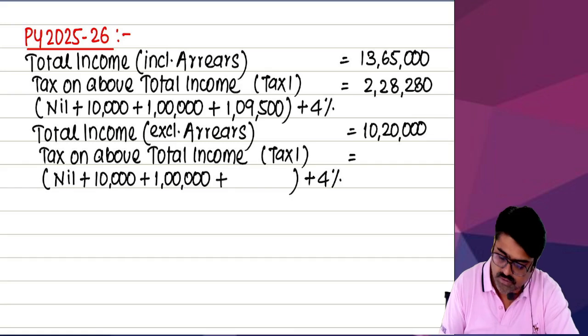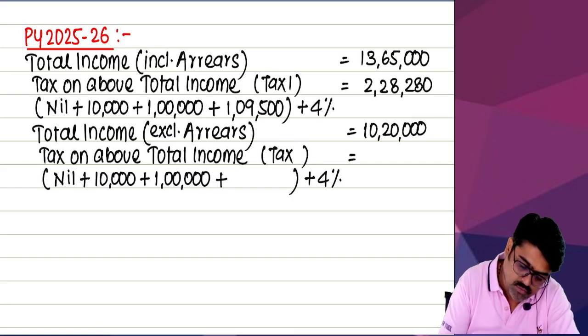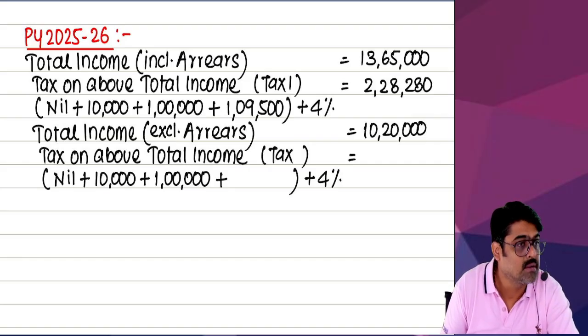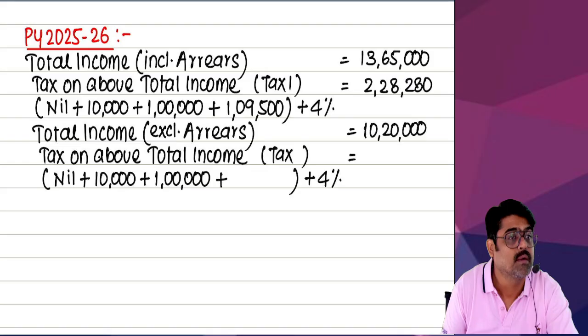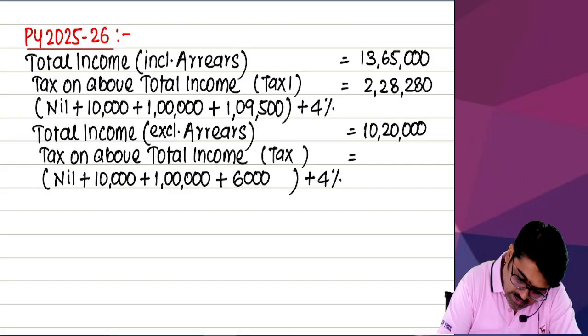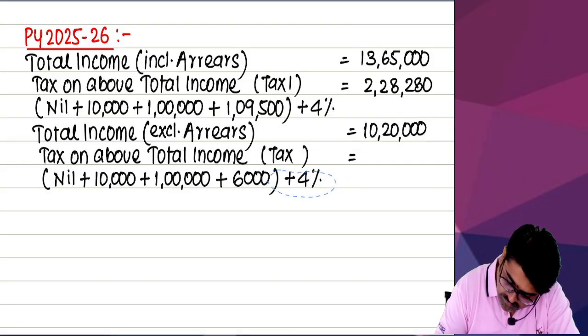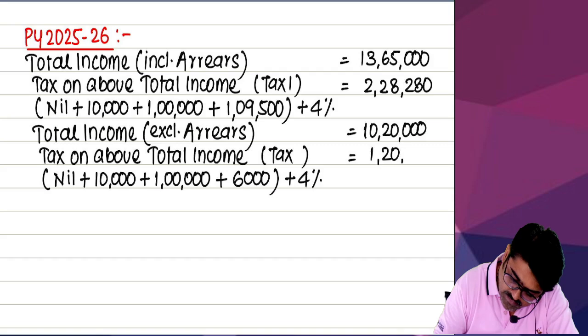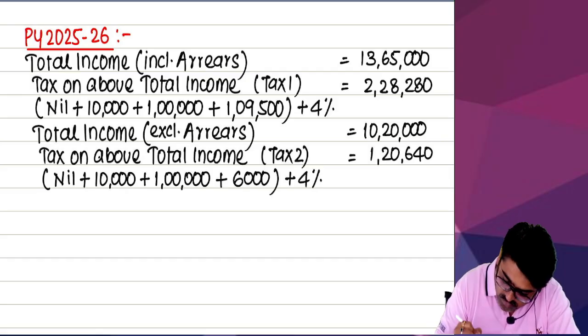On that, first 3 lakhs there is no tax. 3 lakh to 5 lakh, on that 2 lakh will be 10,000, and then on the remaining 20,000 I will calculate 30%, that is 6,000. And on this entire tax add 4%. That is 1 lakh 20,640. Everyone getting this? Now this is my tax 2.